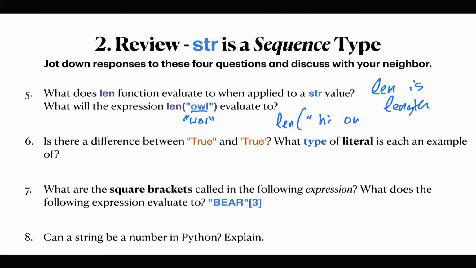If I had the string hi owl, and there was a singular space here, the length of this string would be 6, right? Because we have 2 for hi, 1 for space, and 3 for owl. So spaces, numbers, punctuation, emoji, things like that will count towards the length of a string.